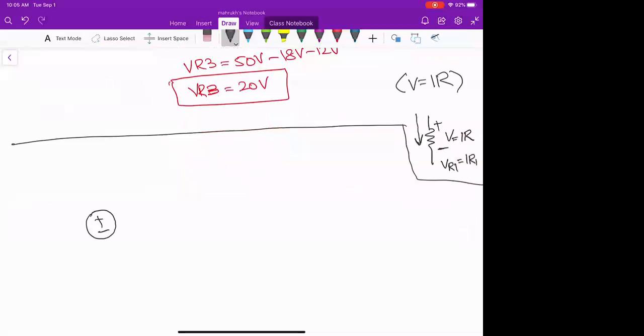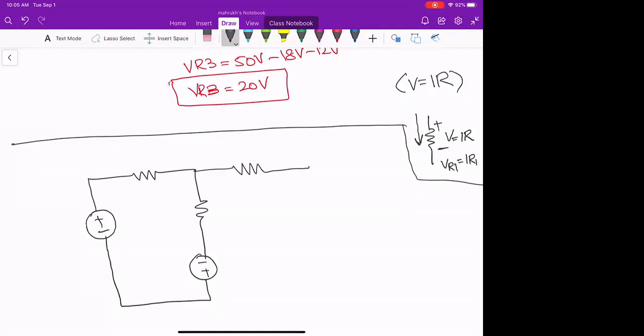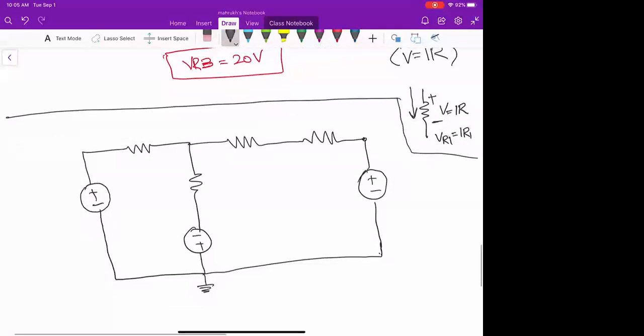So let's say I have this network. In this network, you can see that there are multiple loops, right?